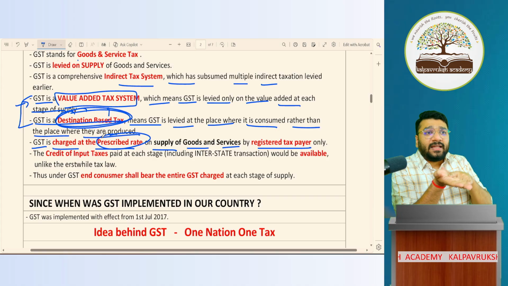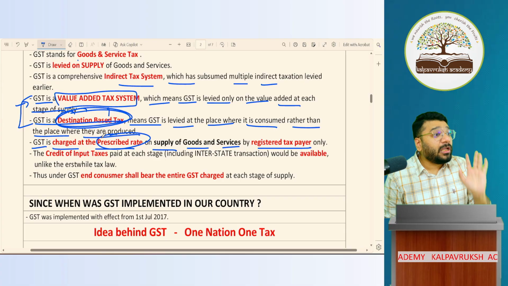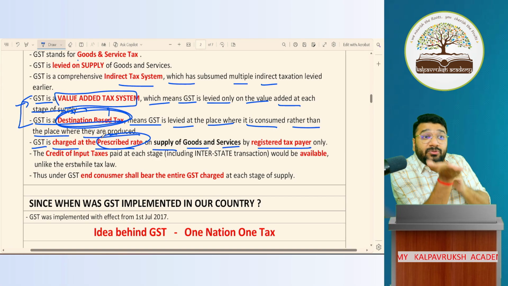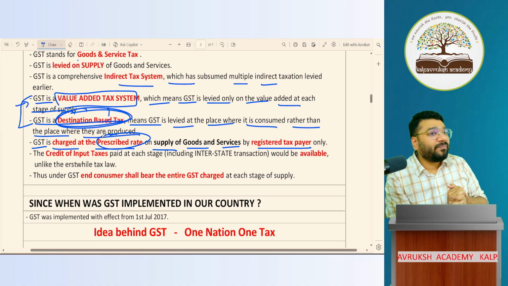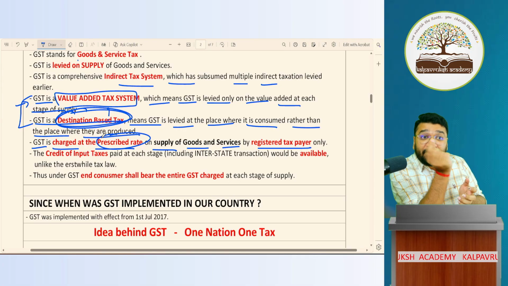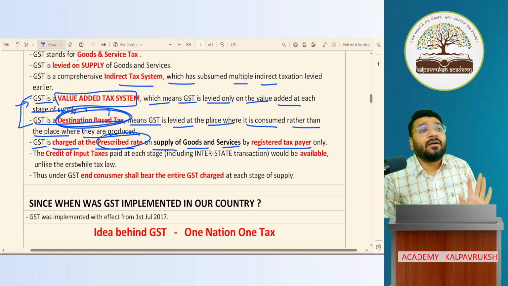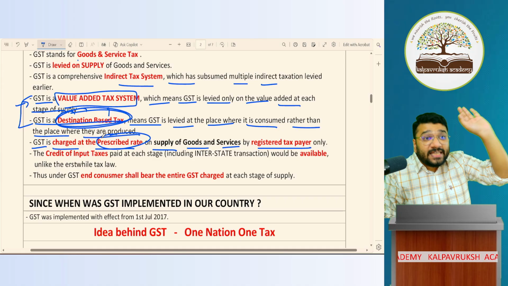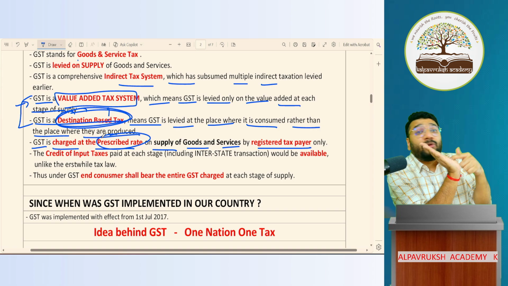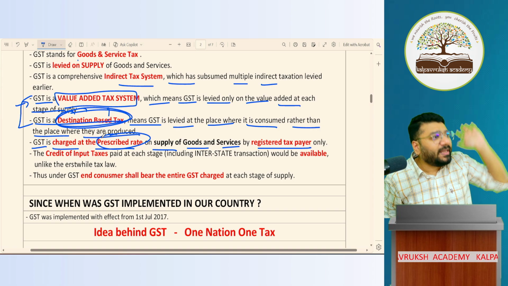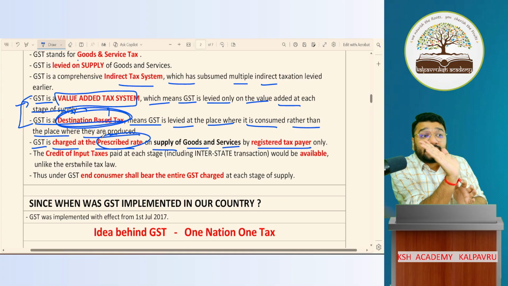He will not give just like that. Regular medicines he'll give. I'm talking about special medicines. Without prescriptions, he will not give because people will misuse the medicines. So only prescribed medicines will be sold in the market. Like that, the GST rate which is prescribed by the department, that only as a businessman you can charge. You cannot charge GST what you feel like charging. There are prescribed rates which you have to follow by heart.